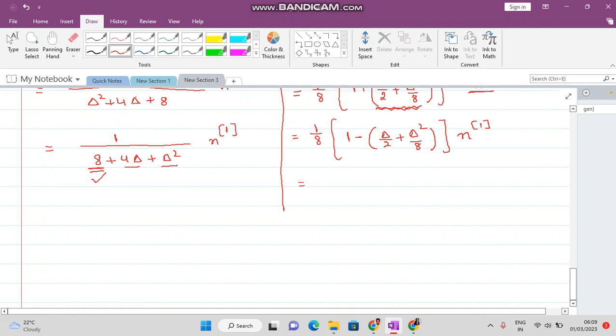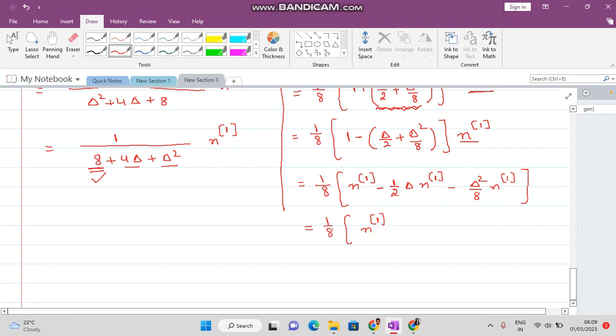So this is equal to 1 by 8. Multiply this inside the bracket, so it is n raised to the power 1 factorial minus 1 by 2 into delta n raised to the power 1 factorial minus delta square by 8 n raised to the power 1 factorial. Delta behaves like a derivative operator whenever it is applied on a factorial polynomial.